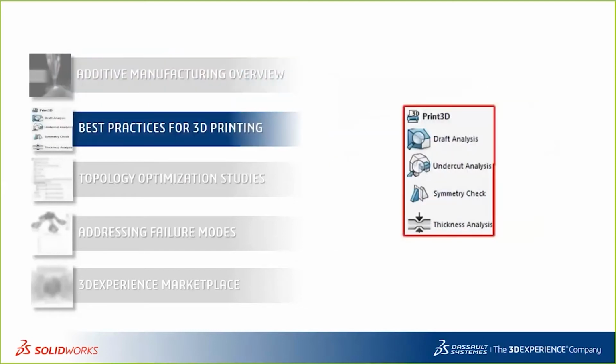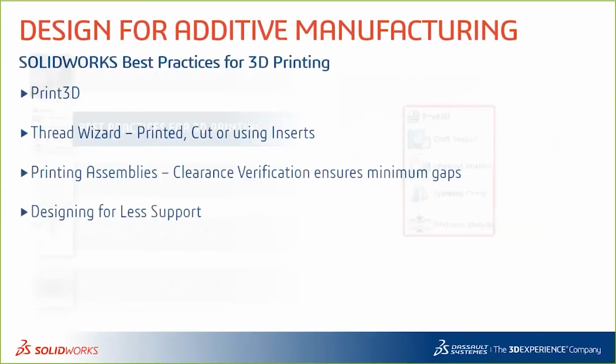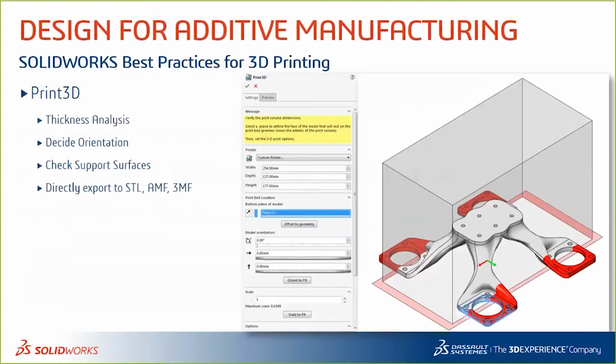So with that said, what are some of the best practices for 3D printing using SolidWorks? Today we have a number of tools to help you design better 3D printed parts. One of these tools is Print 3D, which allows you to take your CAD model directly from SolidWorks to your 3D printer.